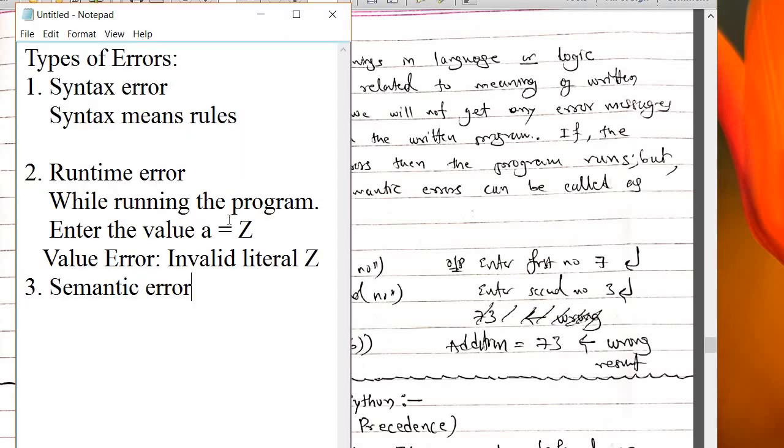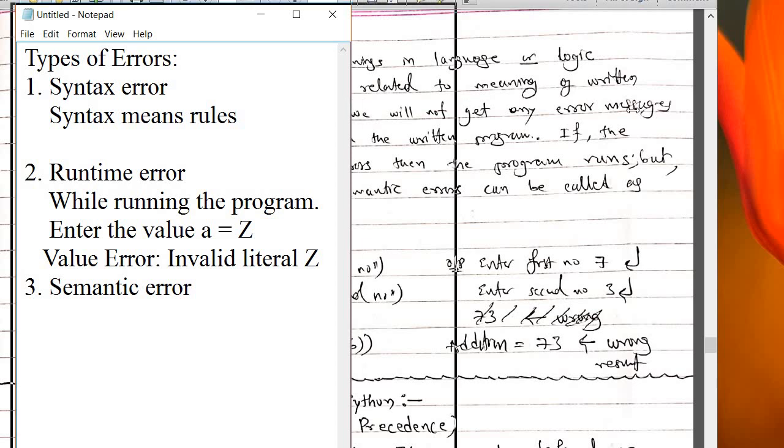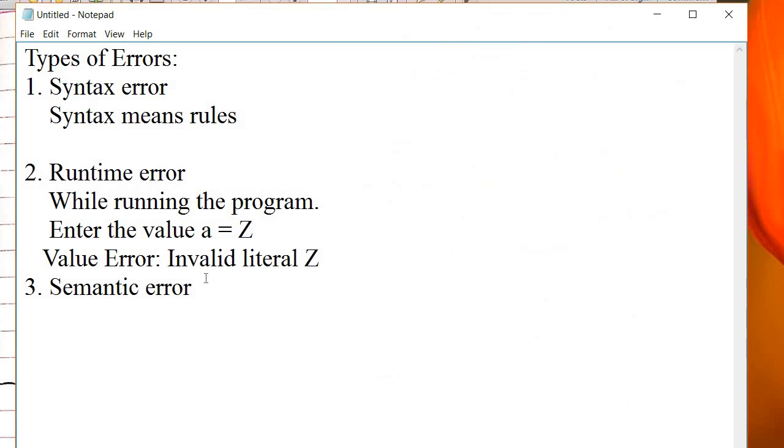For example, see here, I write one program. Someone will tell me to write a Python program to find the addition of two integers. a equals int of input, enter first number.